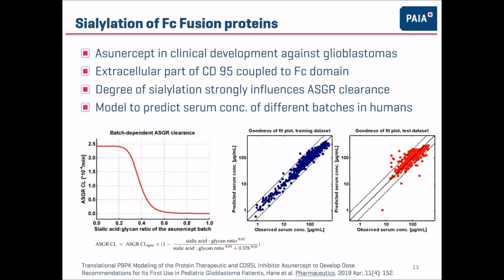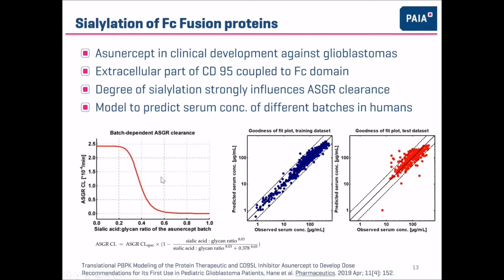So if we have a look, for example, at this Fc fusion protein, that's data from Etanercept, which is in clinical development at the moment against glioblastomas. It's a fusion protein containing the extracellular part of the CD95 and coupled to an Fc domain.